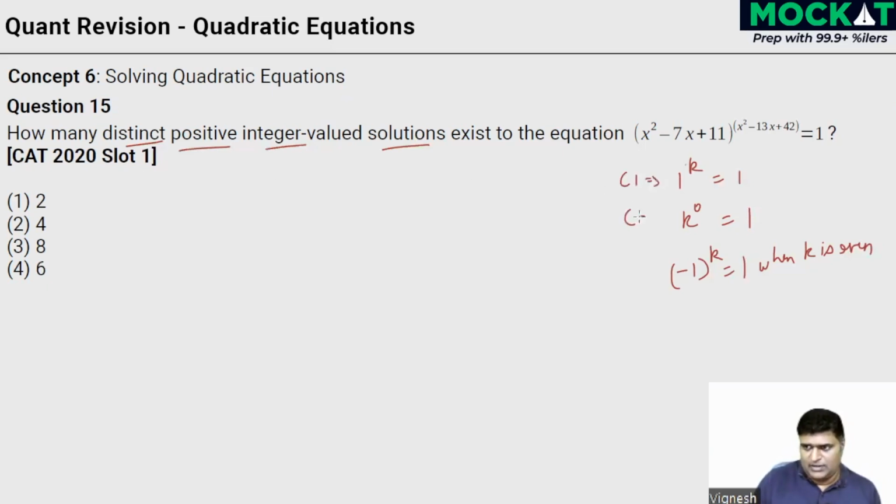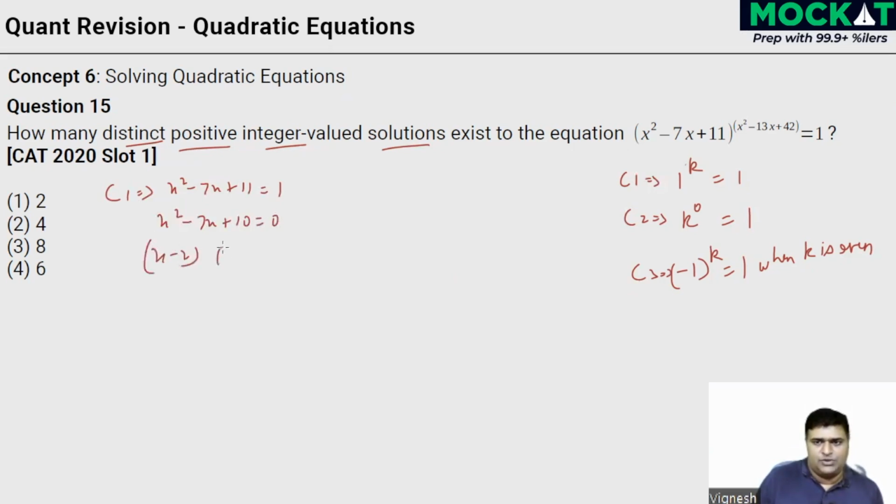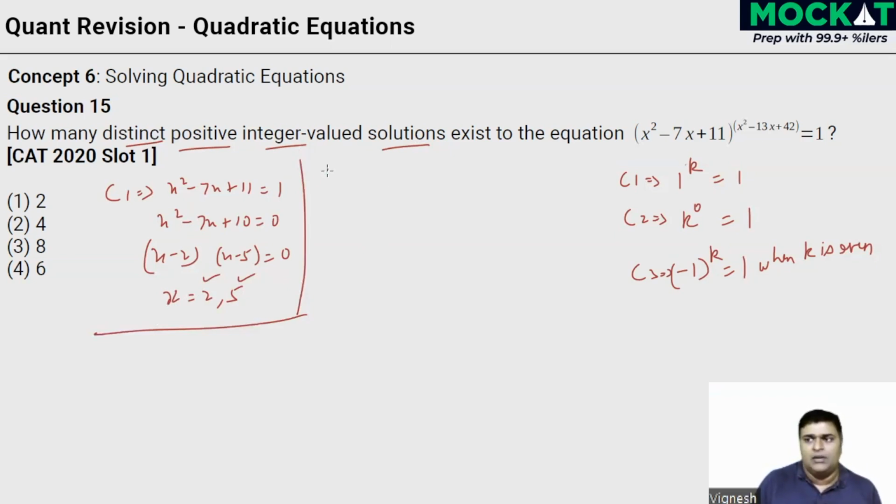Case 1, case 2, and case 3 over here. Starting with case 1, if the base is equal to 1, x square minus 7x plus 11 equals 1, then x square minus 7x plus 10 equals 0, x minus 2 into x minus 5 equals 0, x equals 2 comma 5, both are acceptable positive integer value solutions.